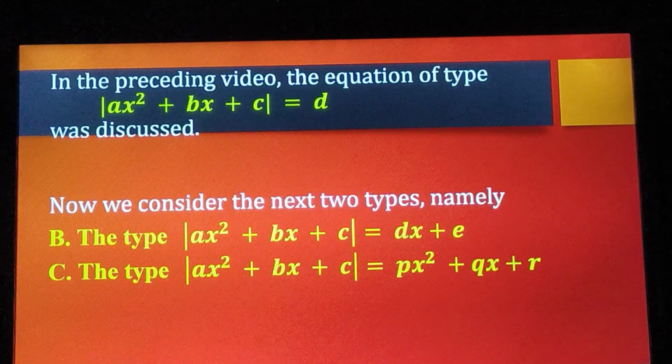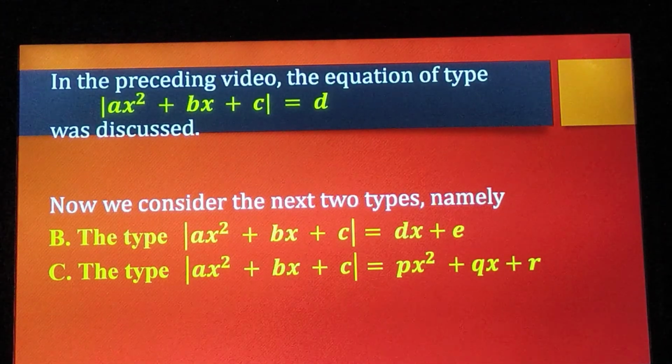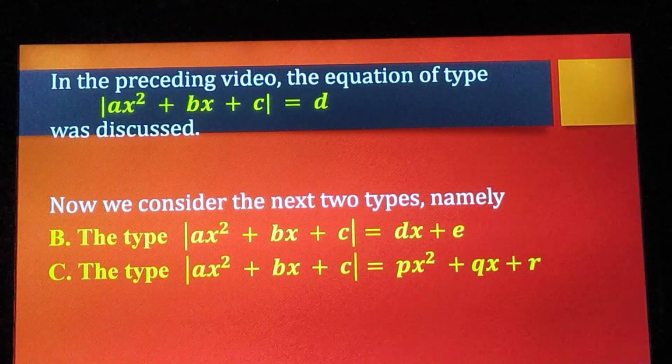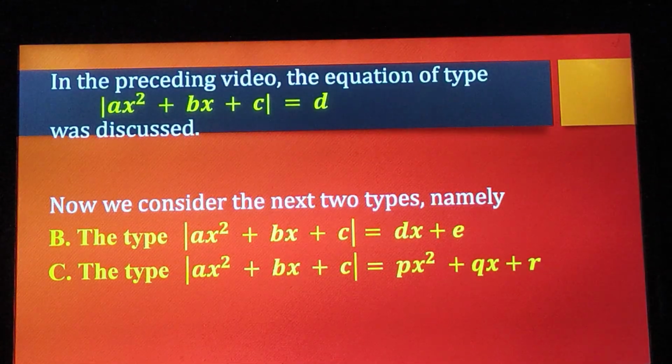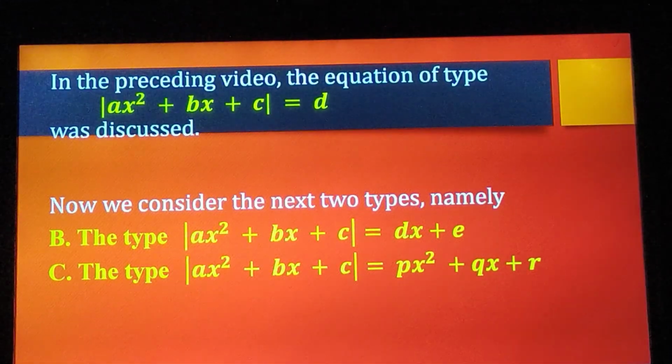In a preceding video, the equation of type absolute value of ax squared plus bx plus c equals d has been discussed. So now we consider the next two types, which I have mentioned a while ago.